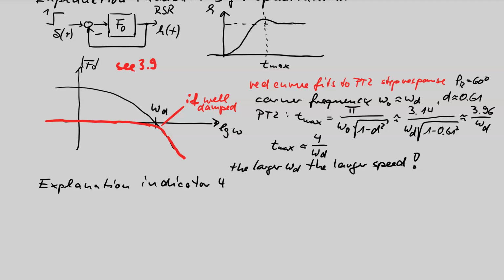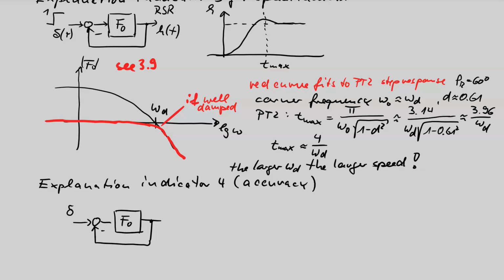For accuracy, I do the same. I apply the unit step function to my closed loop system with the given open loop function, added with negative feedback.